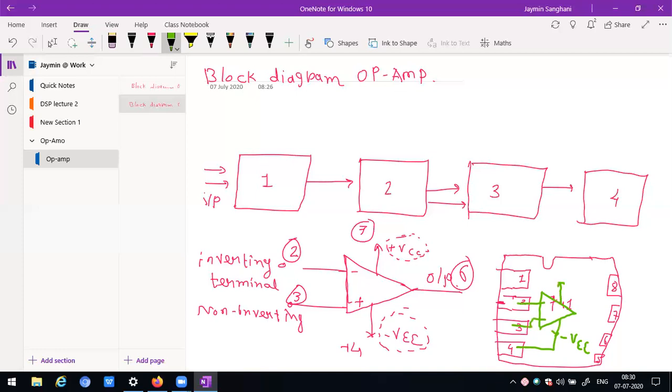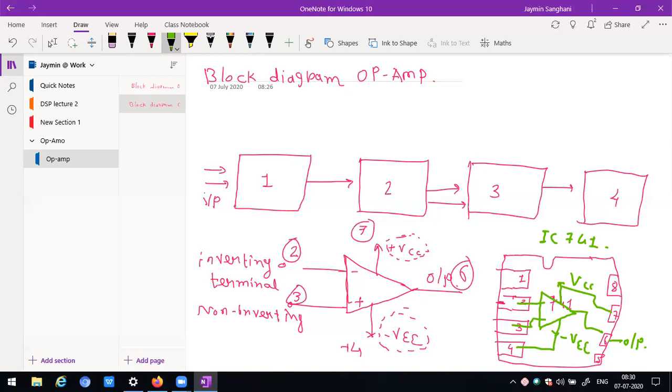Here plus VCC, here output, and pin 7 is applied as VCC. So this is the entire pin configuration of IC741.